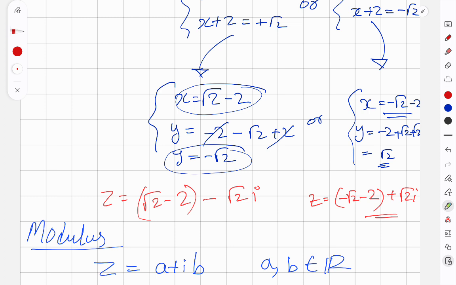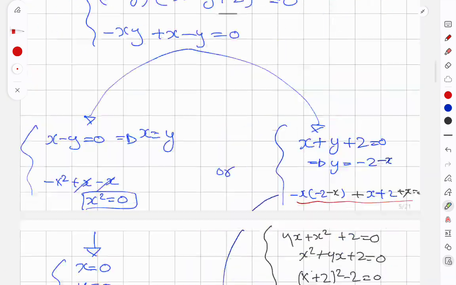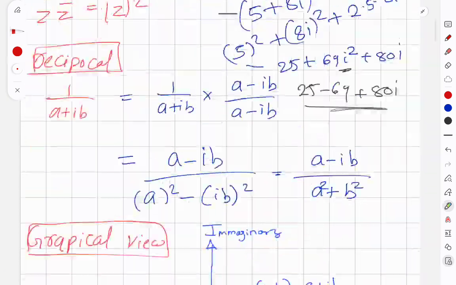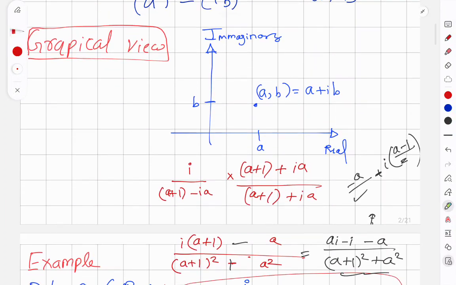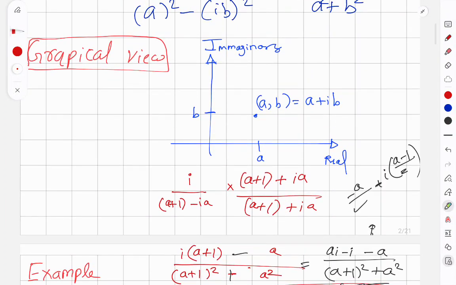If you see this one, as I have said, just a minute, the graphical notation of this one is a plus ib. Imagine that this is the point (a, a), so this is a plus ia.